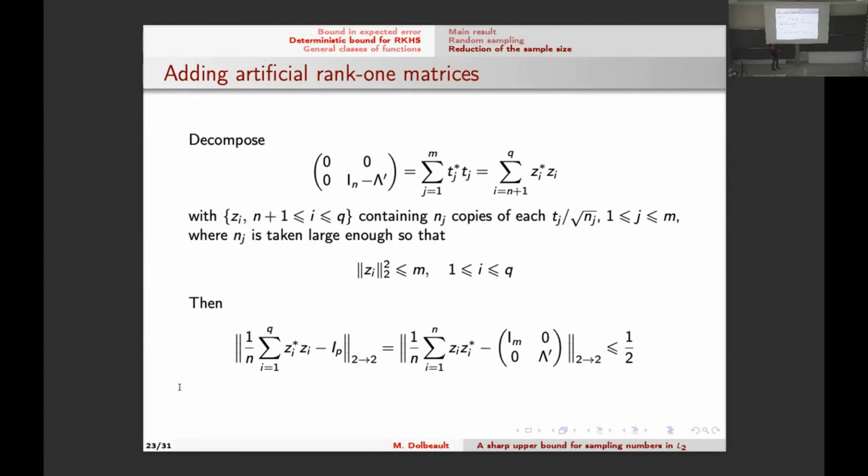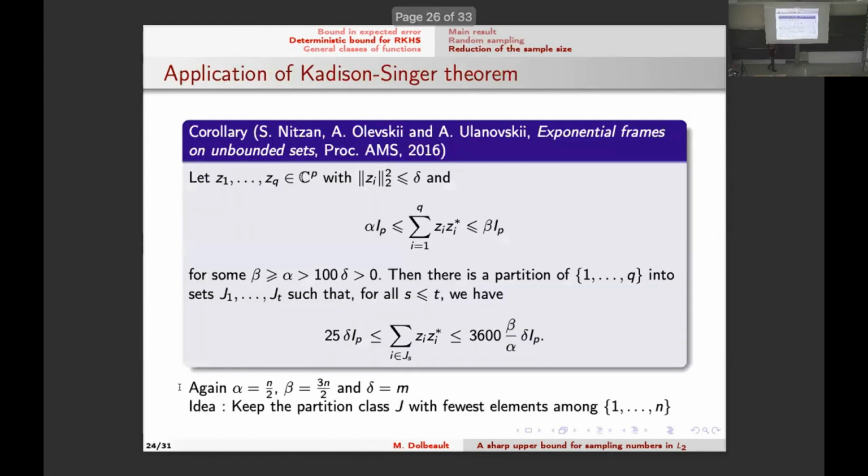So here, I had a sum until n. I add vectors between n and q. I get closer to the identity. I then apply the same tool as before, the same corollary, to get the iterated version of the main algebra theorem.